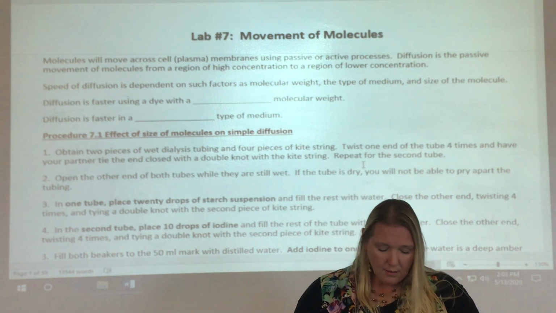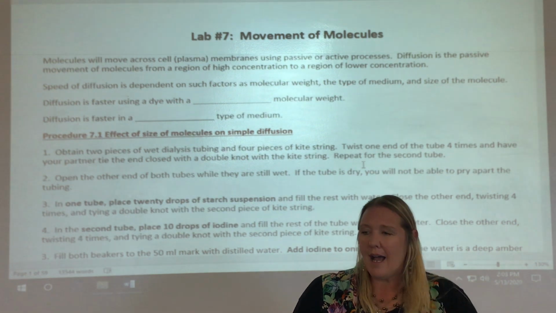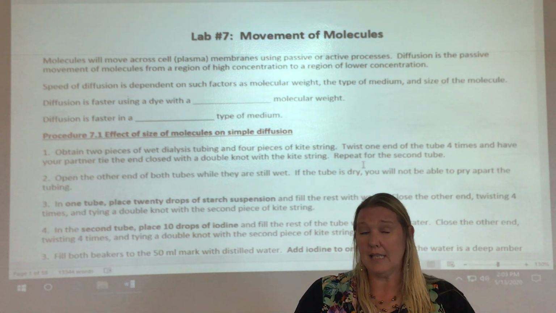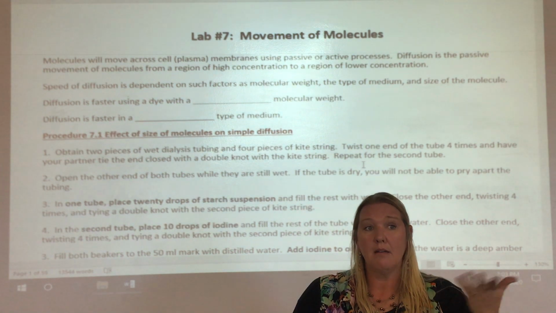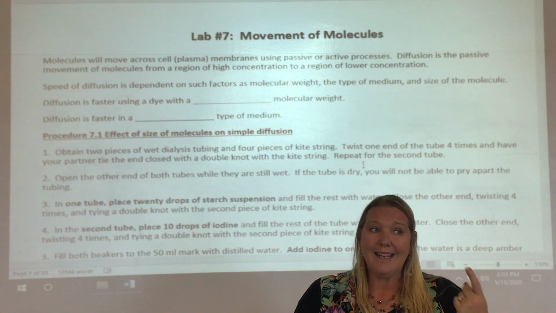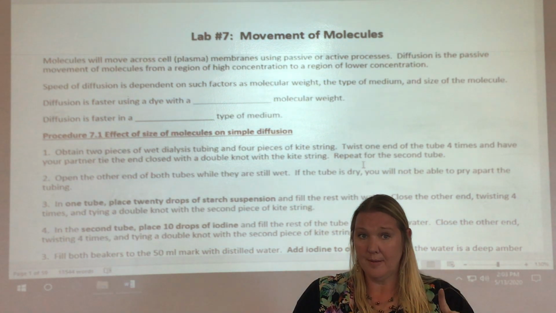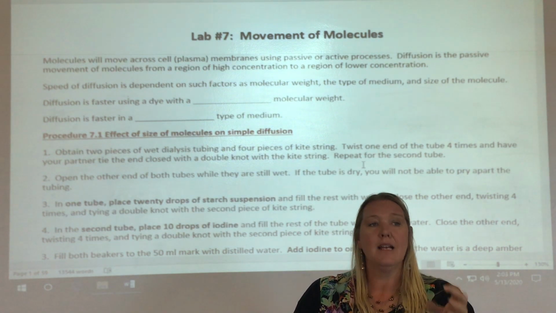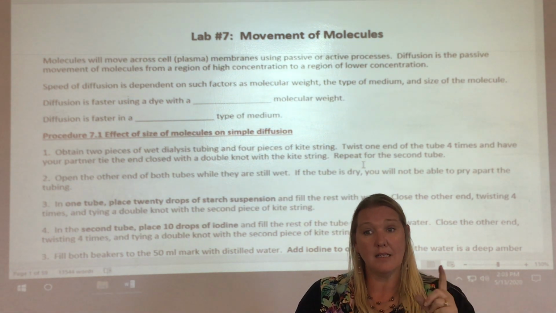So molecular weight is kind of similar to the atomic mass of an element in the periodic table, right? So if you have an element, hydrogen, for example, in the periodic table, it is element number 1. It has a mass of 1. And so its atomic mass, and its molecular weight is 1.